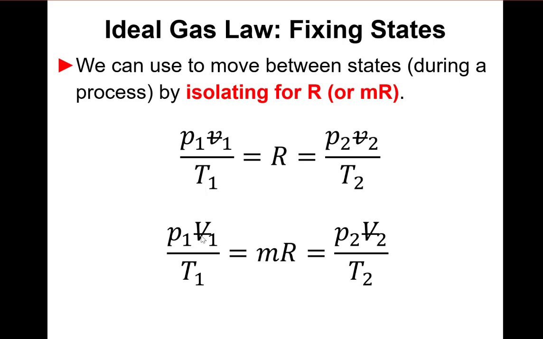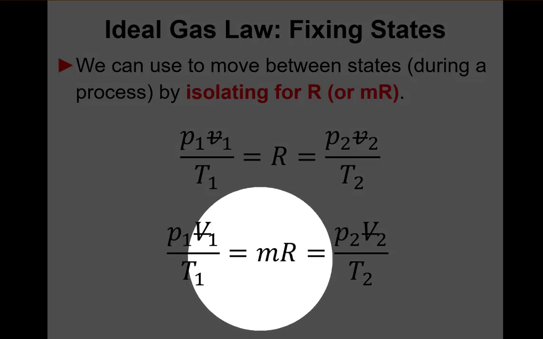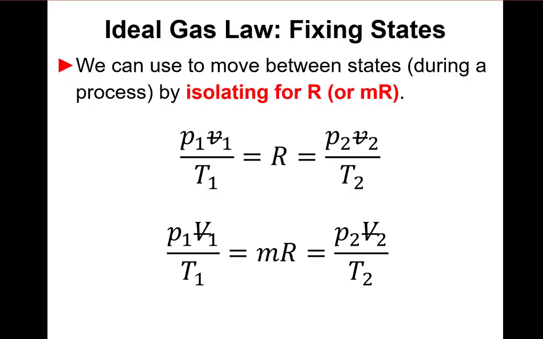That's constant because it's always a closed system, so the mass is the same, and there are no chemical reactions, so the specific gas constant also remains the same. So P1V1 over T1 is equal to mR, but P2V2 over T2 is also equal to mR. So P1V1 over T1 is equal to P2V2 over T2.